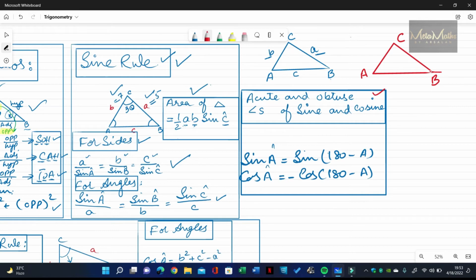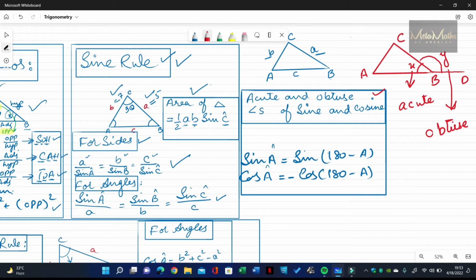So if I extend this side AB, if I produce it to another point D for example, then the angle inside the triangle right now is an acute angle. So X is acute, and this outside angle of the triangle, suppose it is Y, it is obtuse. Okay, this is acute and obtuse.